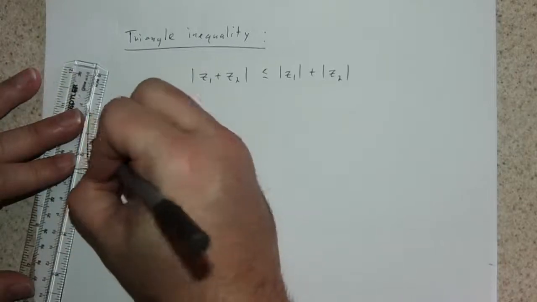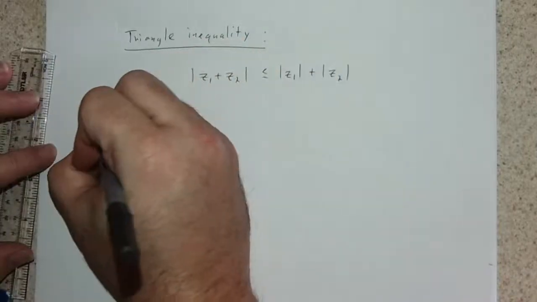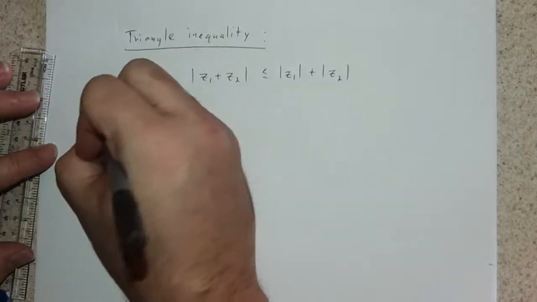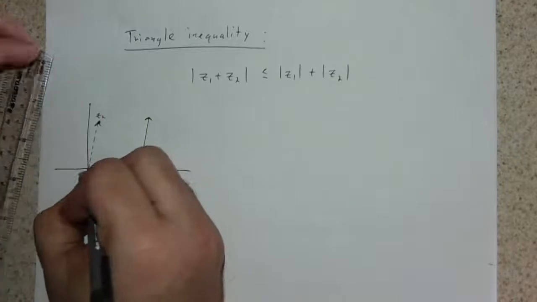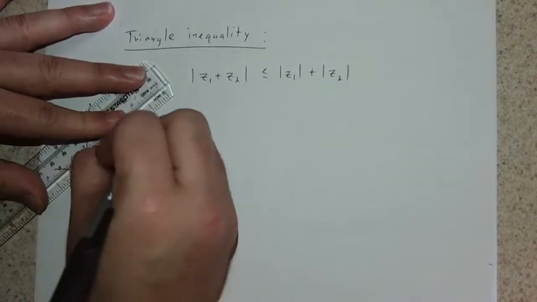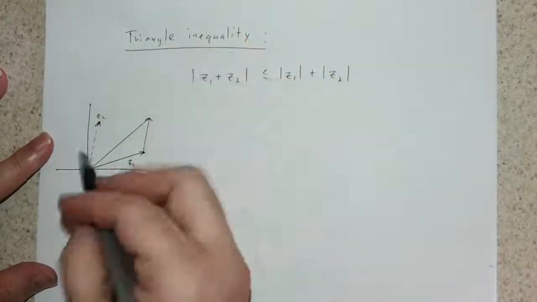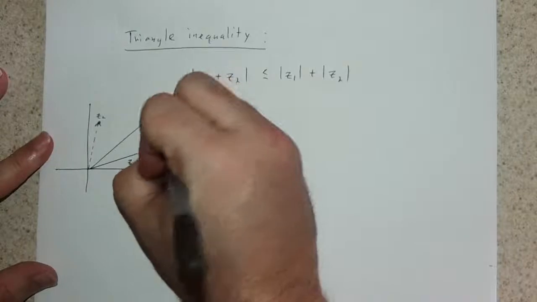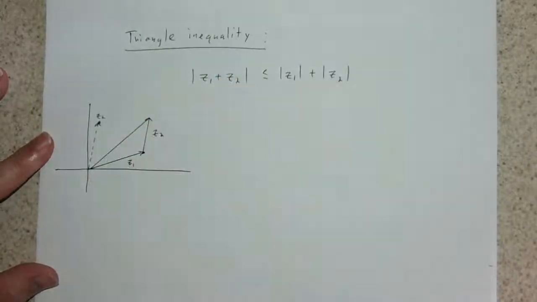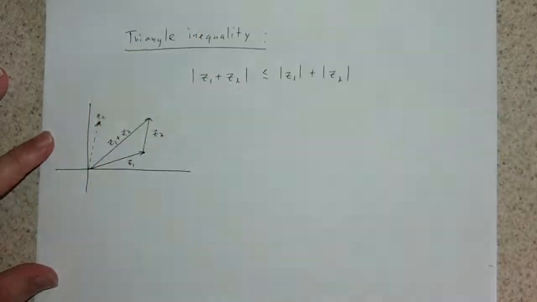So here's my vector associated to z2. Then this vector, which is the diagonal of that parallelogram I drew yesterday, is an identical vector to z2. I knew I drew this a little bit longer, but just bear with me. Then this diagonal is z1 plus z2.